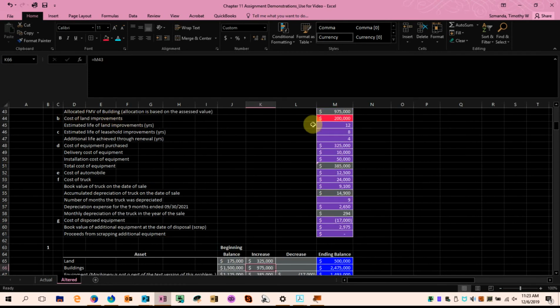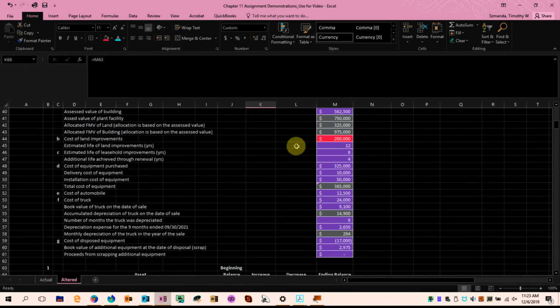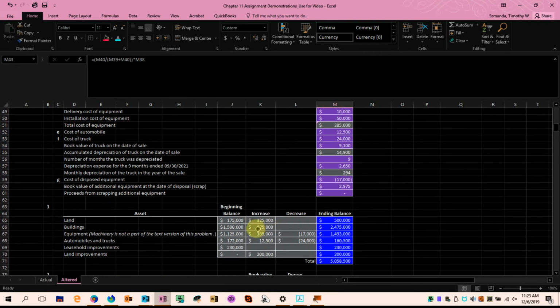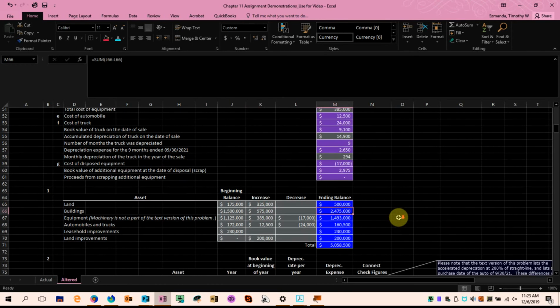Allocated fair market value based on the 975, which was calculated as the assessed value fraction multiplied by the fair market value or purchase price. So we have, using my numbers, an increase of 975. You'll have a different number, of course. And then I add the two together. What I started with, ignoring depreciation, and my increase, ignoring depreciation. And my ending balance, using my altered data, is 2475.